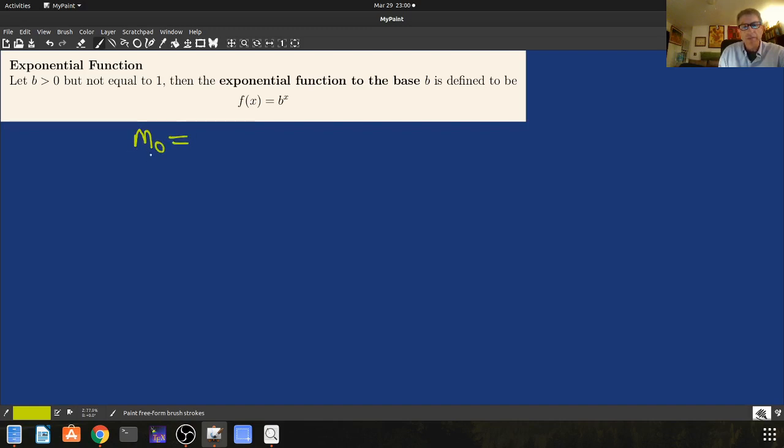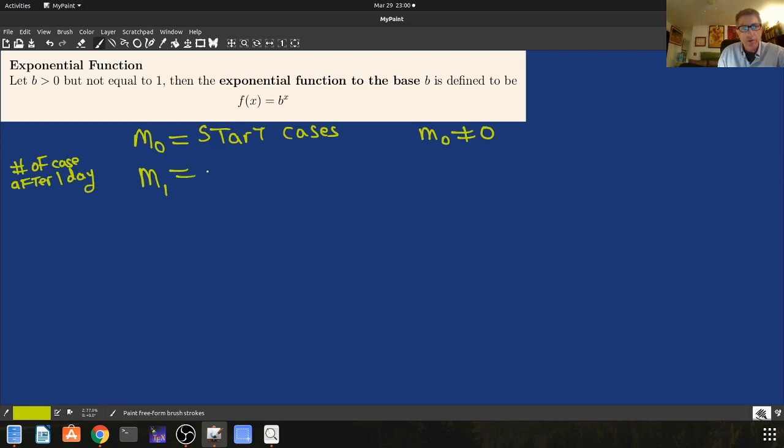So I'm going to define a value, and it's going to be m naught, and that's our number of start cases. And we're further going to suppose that m naught is not equal to 0. Now I'm going to let m1 be the total number of cases after 1 day.